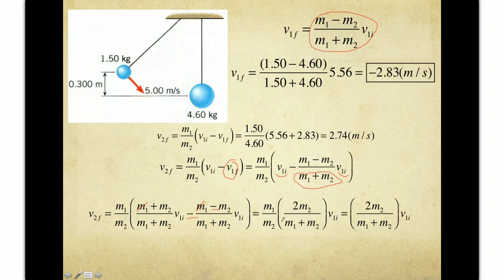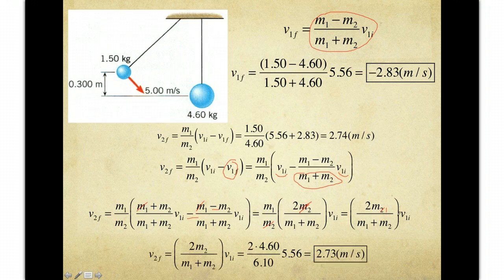You open the bracket, this goes away. So this should be 2M1, sorry about that, and then the sum of those two masses times V initial. Again, that's M1, little fault. All right, so then you just plug in the numbers and you actually get the right number, which is 2.73.